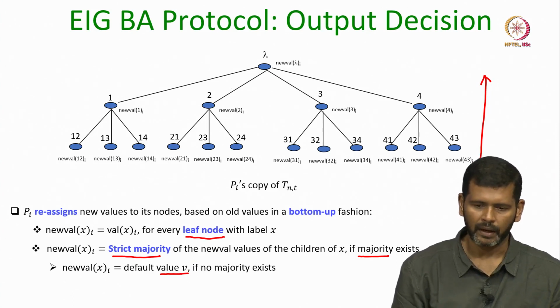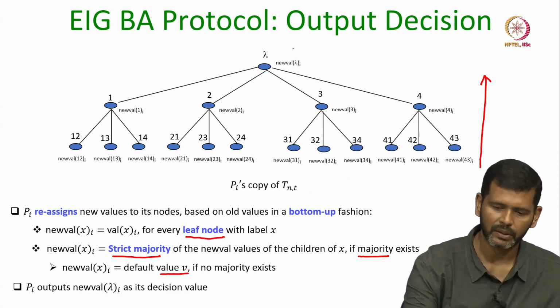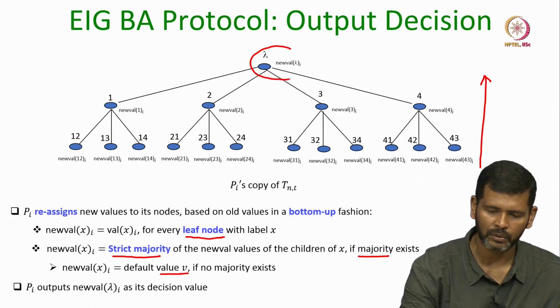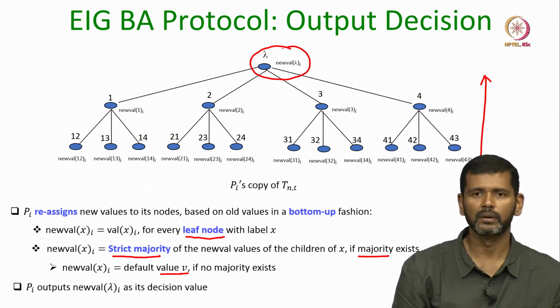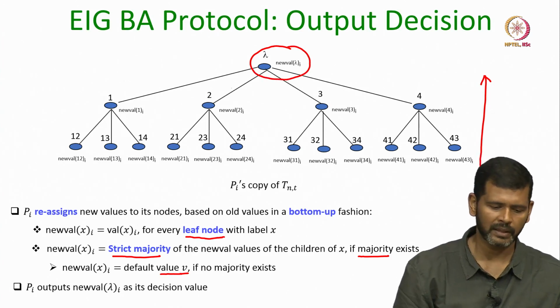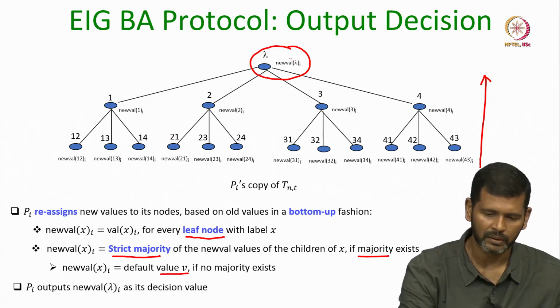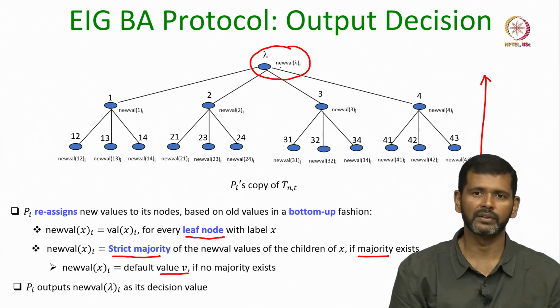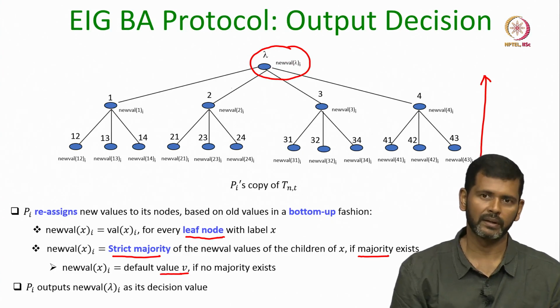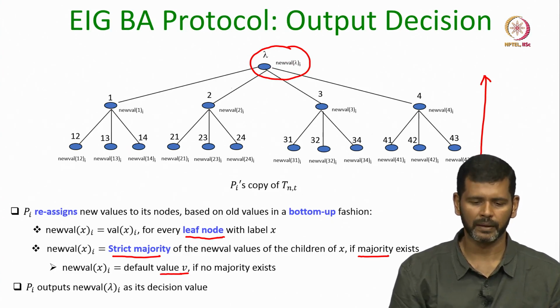Once the new value has been assigned to the root node, the ith party outputs the value assigned to the root node. That is the decision, the output of the Byzantine agreement protocol for party P_i.